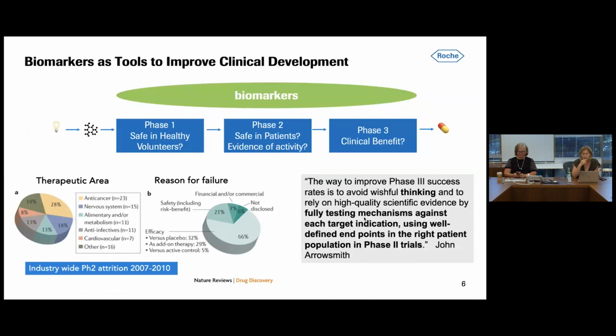The whole pharma industry has lots of experience with successful and also unsuccessful drug development.